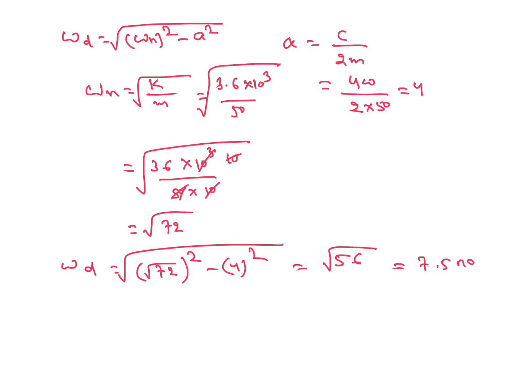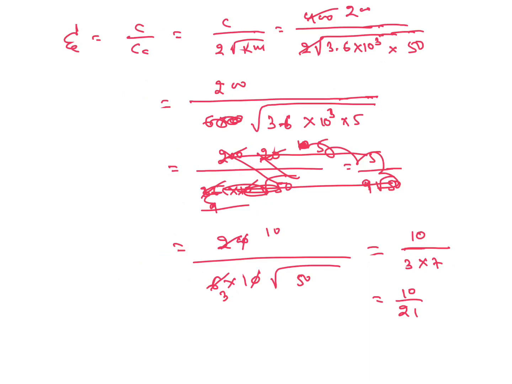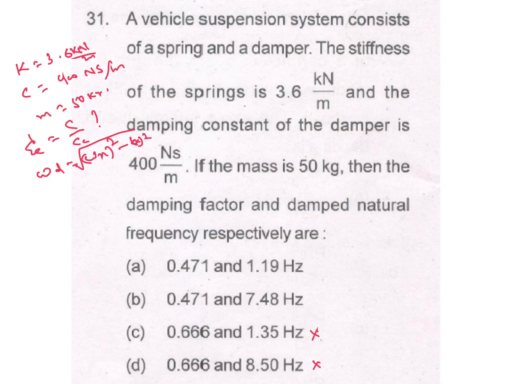Then we have to check whether the options are in radian per second or not. From the options, they are in hertz. So we have to convert it into hertz. Fd is omega d divided by 2 pi.